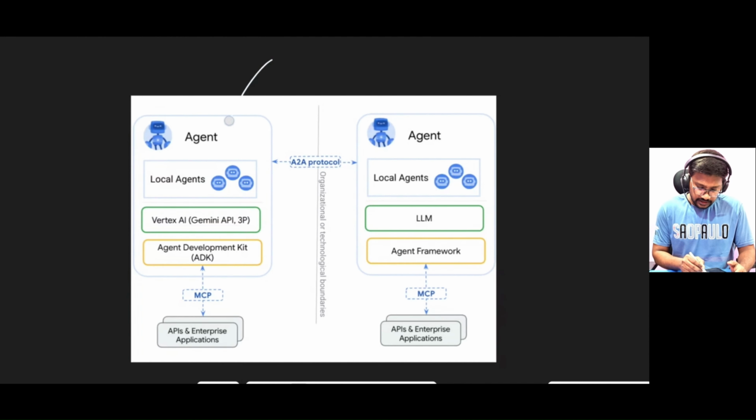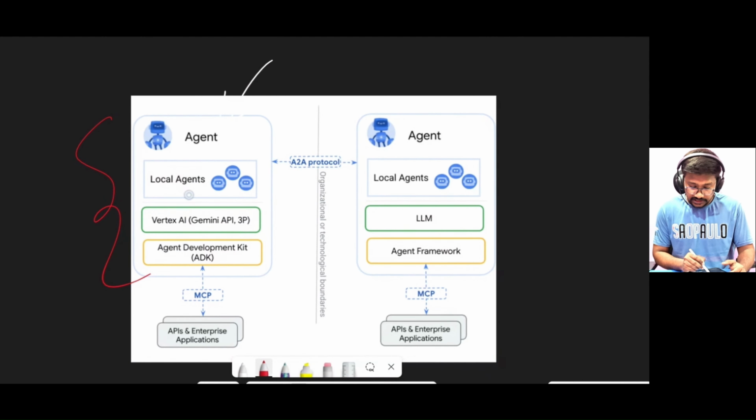So this is the simple architecture of the A2A protocol. We have an agent which was built on Google ADK and Vertex AI, or Gemini models.